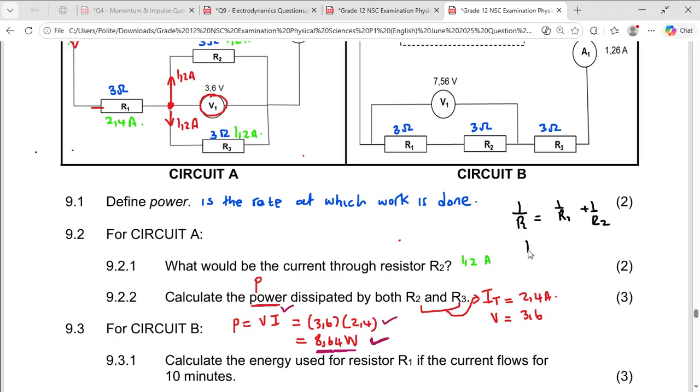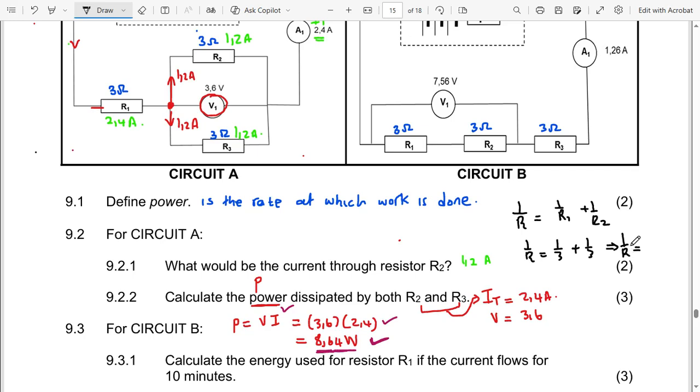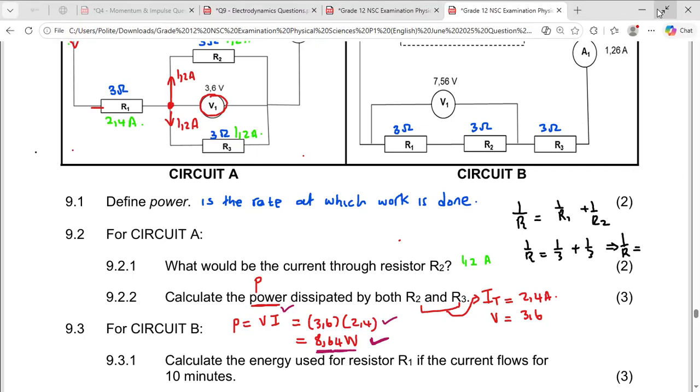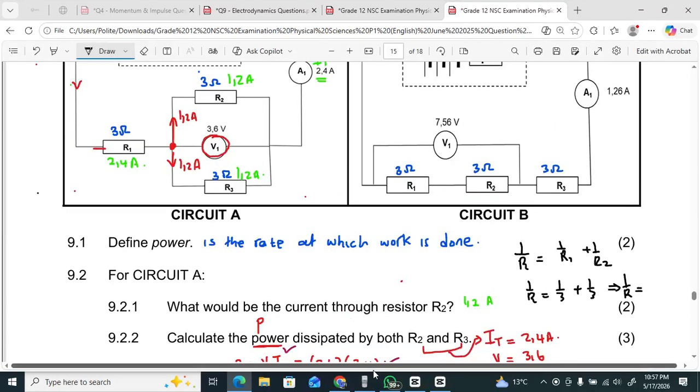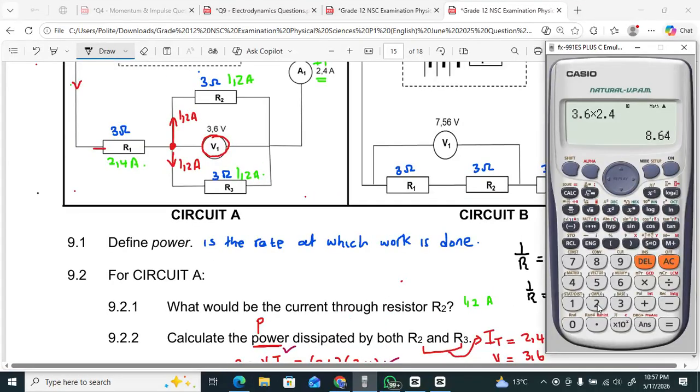And then when you do the substitution, both of them are 3, and this will give us 1 over R. I'm sorry. I think I'm going to use a calculator for this, but I think this will be 2 over 3. Yeah, I think that's 2 over 3. 1 over 3 plus 1 over 3, that's 2 over 3.